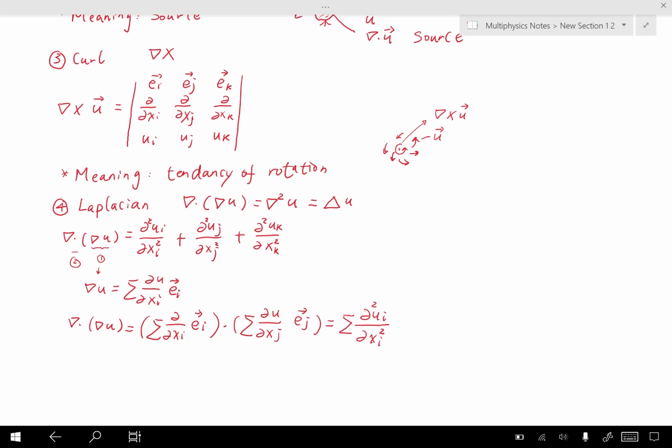And then for all of the above calculus operators that we just introduced, here I want to emphasize one rule.